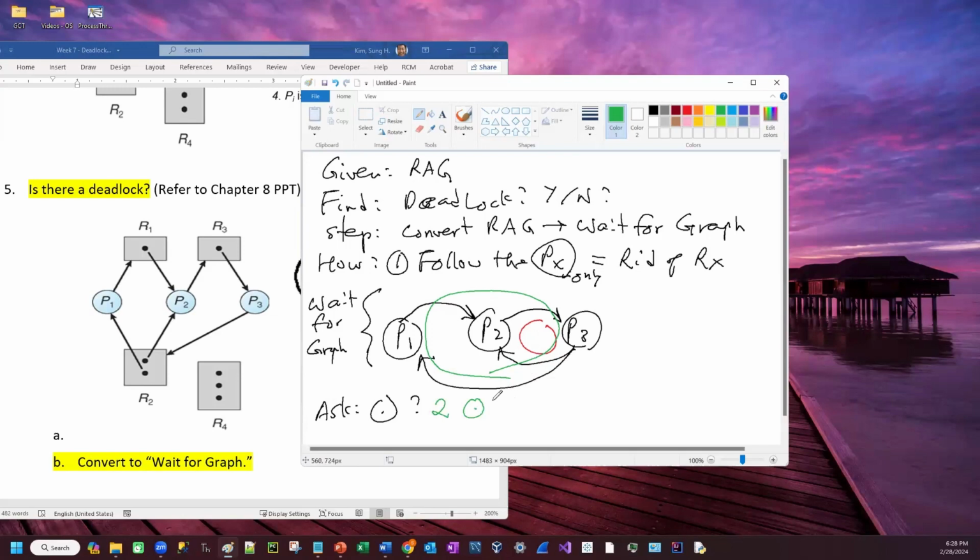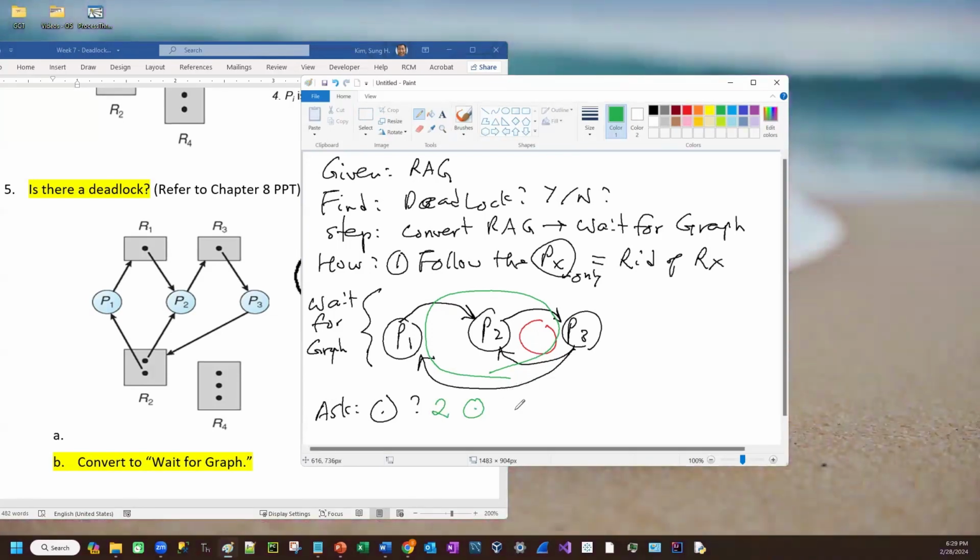It doesn't matter how many circles you got. If there is a circle, that means a deadlock. So look for a circle or more. Does that make sense? All right. It's not too hard, just needs a little practice.